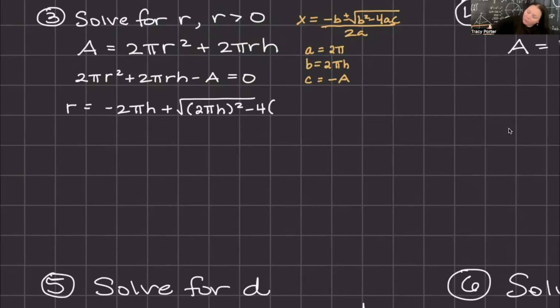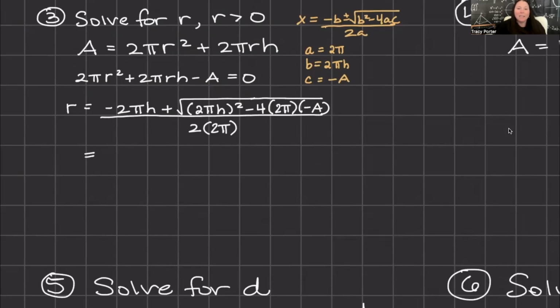And we're going to subtract 4 times the 2 pi times the minus A, and everything is divided by 2 times A, which is 2 pi. So we need to clean it up, right? So you want to simplify it, because if you are going to do something with it in calculus, which is usually what you're going to do, you're kind of manipulating all these formulas to do something. So you want to simplify it.